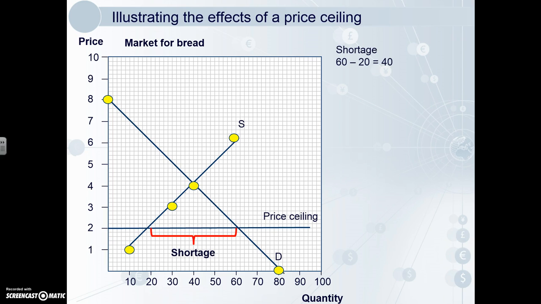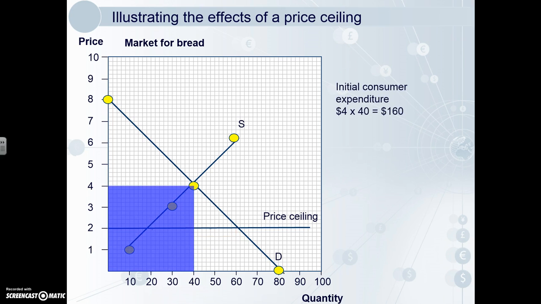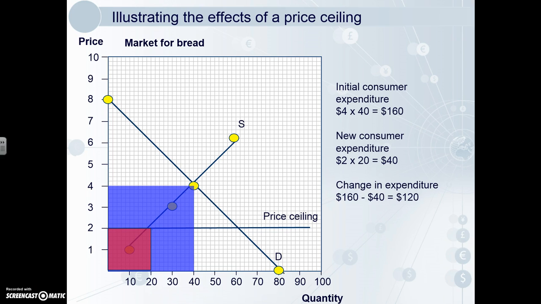You want the shortage, which there will always be with a price ceiling. You want the initial consumer expenditure, the new consumer expenditure, and the change in consumer expenditure, which you can read off the graph and do the simple calculations. That's it for price ceilings.